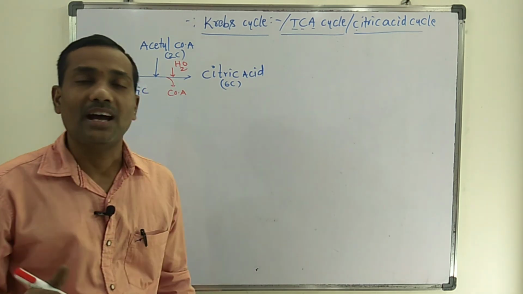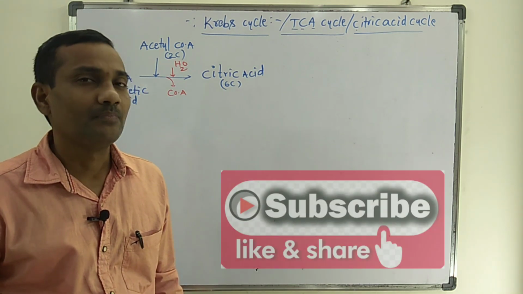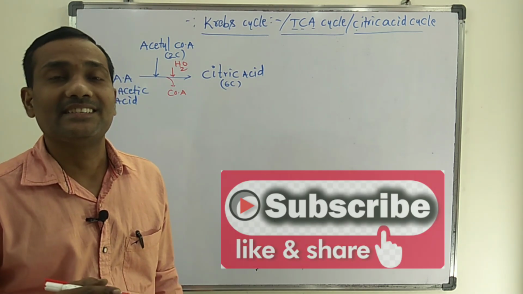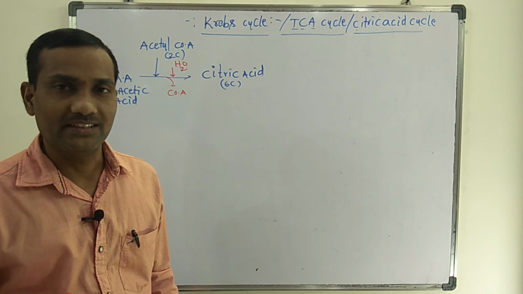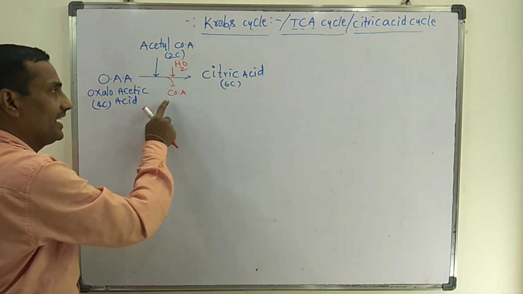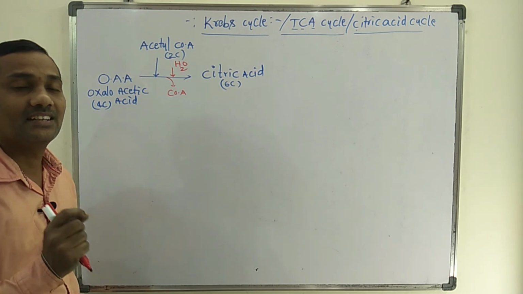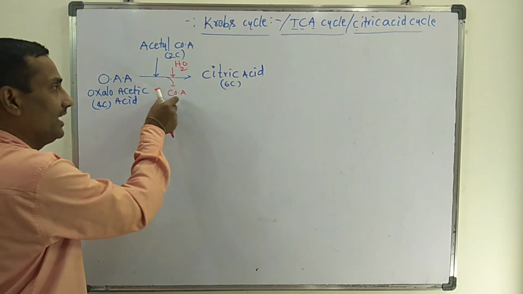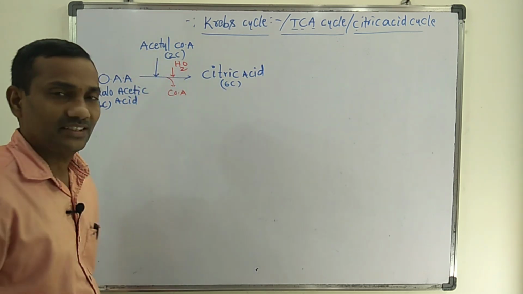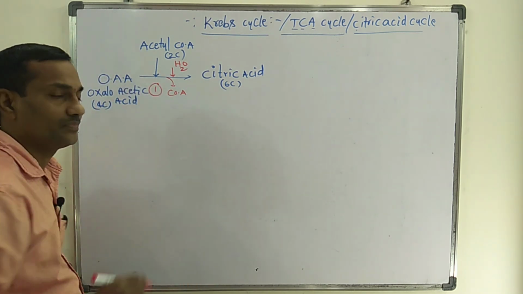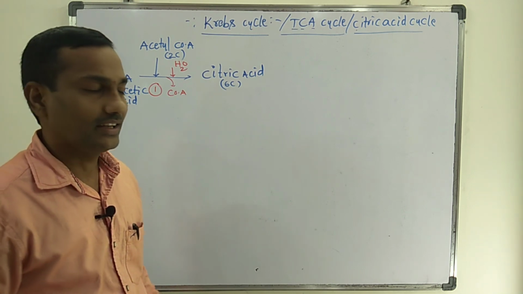This step occurs in the presence of citric synthetase enzyme, or citrate synthetase enzyme, because citric acid is formed in the presence of that enzyme only. Citric synthetase enzyme helps in formation of citric acid. That is the first step of the citric acid cycle.